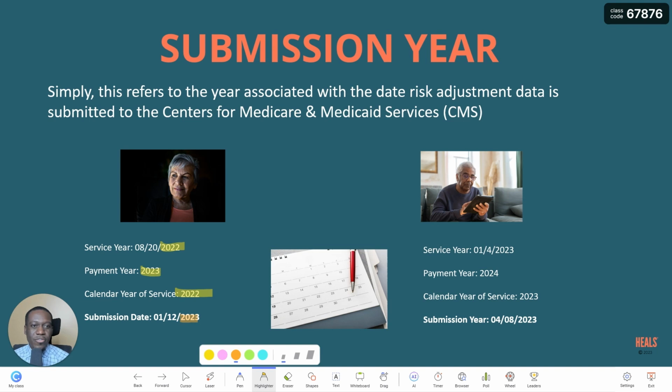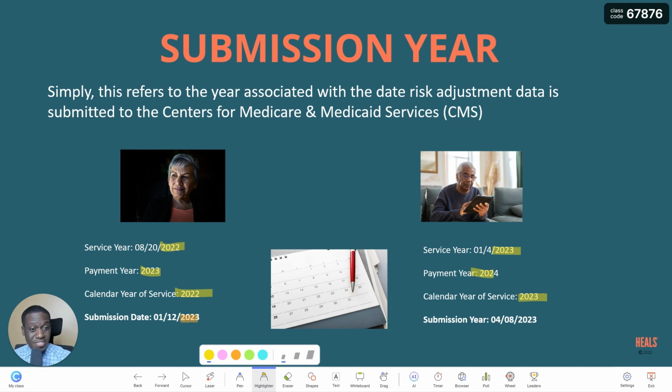The same here for Mr. Clark, and we'll use Mr. Clark's example too. For a service that happened on January 4th, 2023, the service year is 2023. And it's associated to payment year 2024 because of the service year that this encounter record or risk adjustment submission is related to. And the calendar year for the service year is 2023.